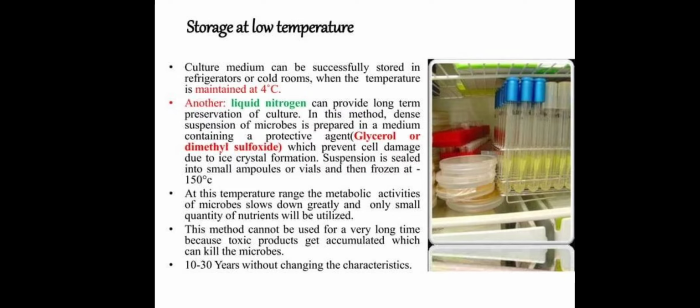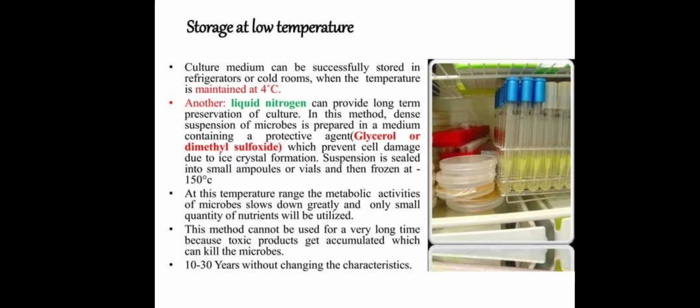Storage at low temperature. Culture media can be successfully stored in the refrigerator or cold room when the temperature is maintained at 4 degrees Celsius. Alternatively, liquid nitrogen can provide long-term preservation of cultures. In this method, dense suspensions of microbes are prepared in a medium containing a protective agent.